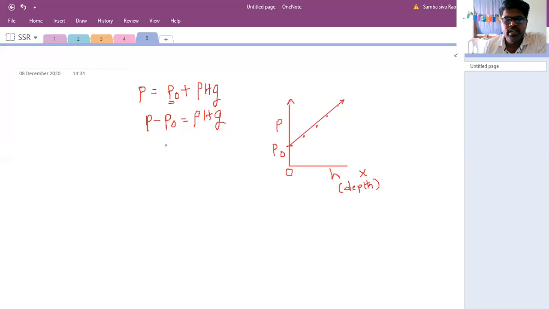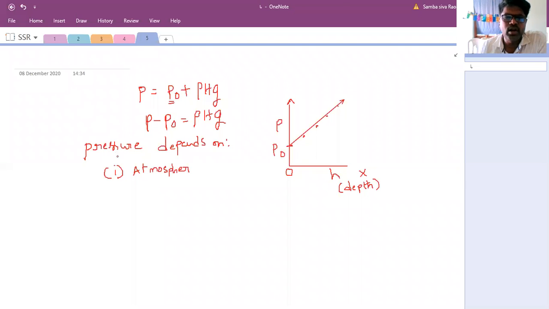So the pressure depends on what factors, here we have to understand. Pressure of a column of liquid depends on what factors? One is atmospheric pressure, P naught.